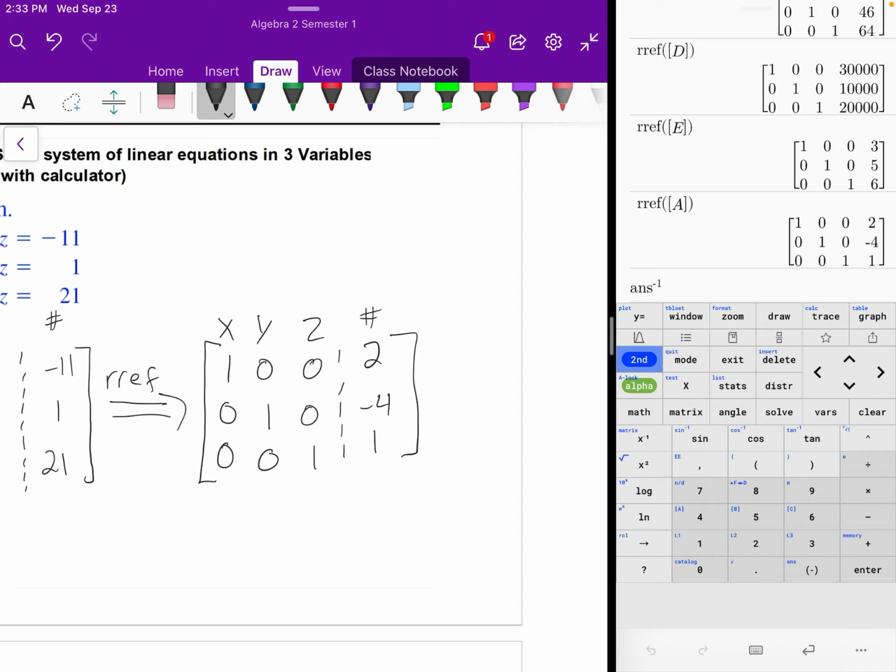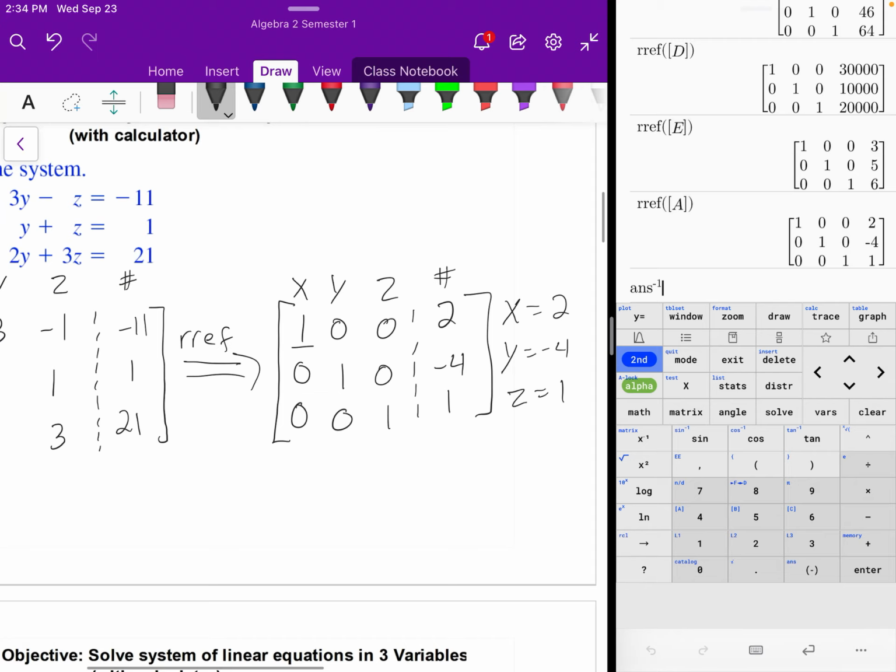So we got 1x, 0y, 0z equals 2. So x equals 2, y equals -4 in that second line, and then z equals 1. So using that reduced row echelon form, it's helping us to solve for our variables.